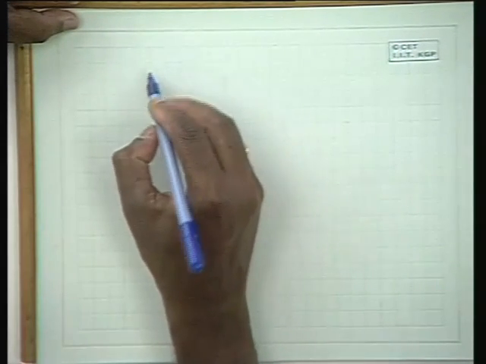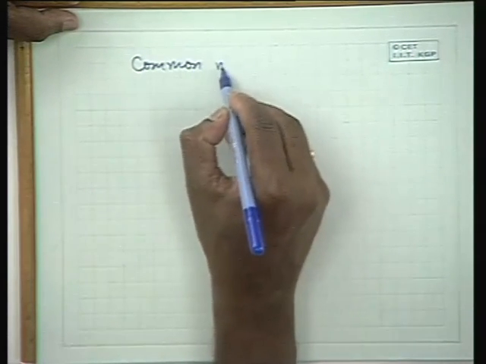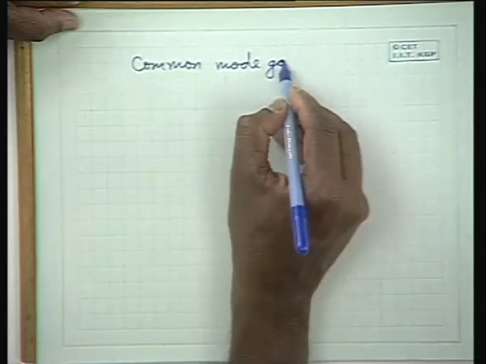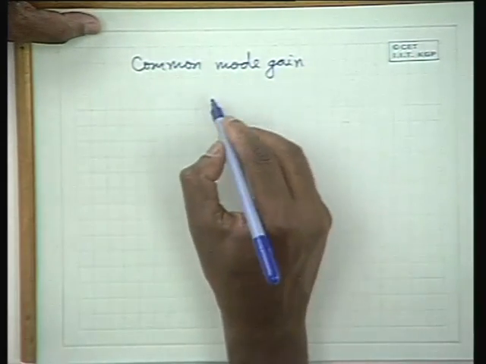So, common mode gain is defined as the gain for a common mode signal. When the differential signal is 0, naturally in the output you will not have any differential signal amplified, because the differential signal itself is absent. But the common mode signal is present.